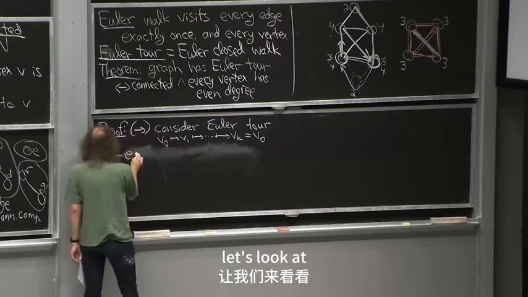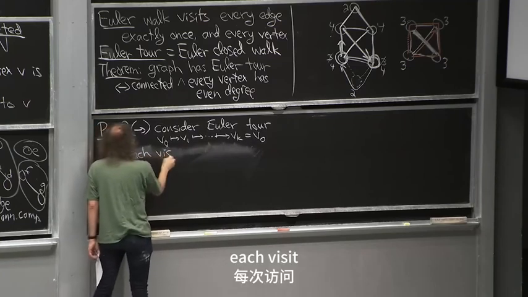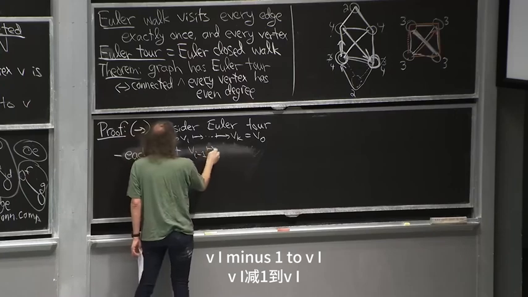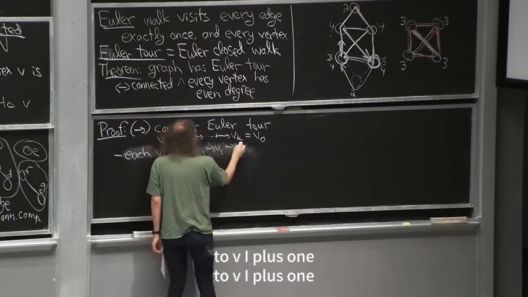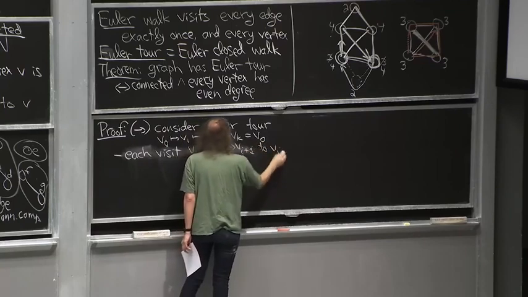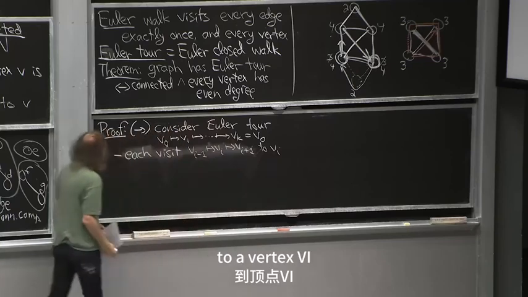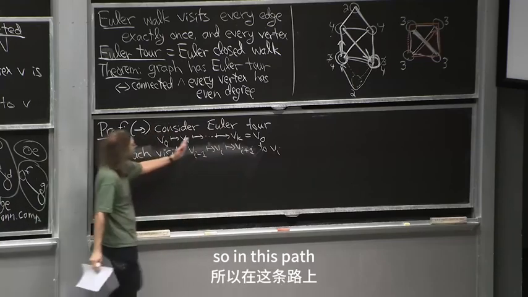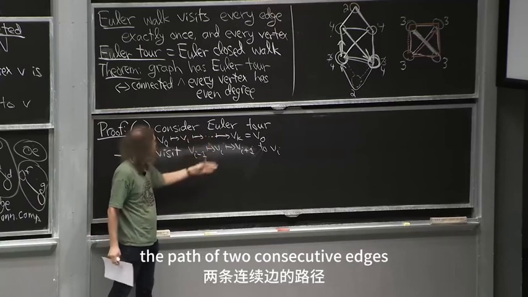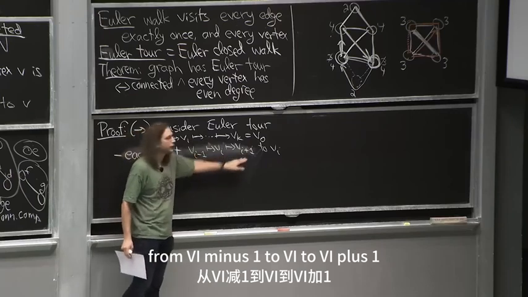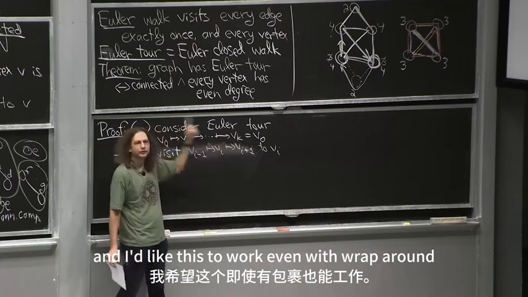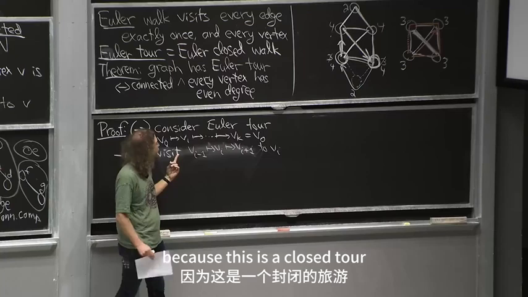Let's look at each visit, vi minus 1 to vi to vi plus 1, to a vertex vi. So in this path, I'm just looking at a little piece of the path of 2 consecutive edges from vi minus 1 to vi plus 1. And I'd like this to work even with wraparound, because this is a closed tour.